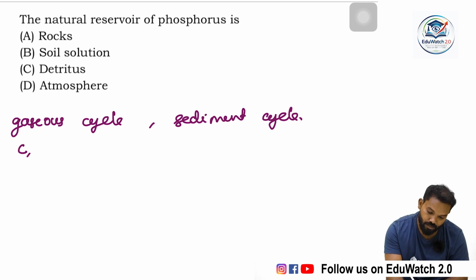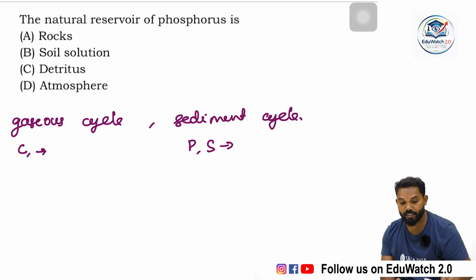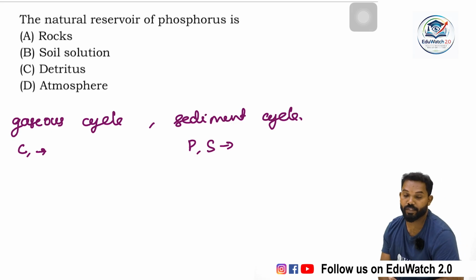Carbon is a gaseous cycle. Phosphorus, sulfur, etc. are sedimentation cycles. Why are they classified into gaseous and sediment? That is based on the main reservoir.